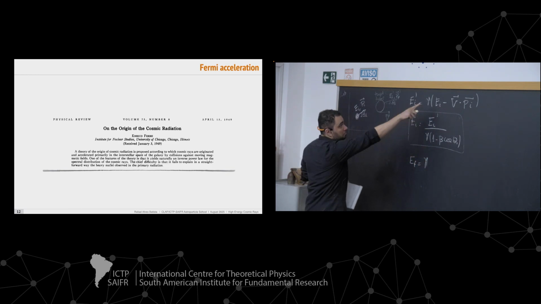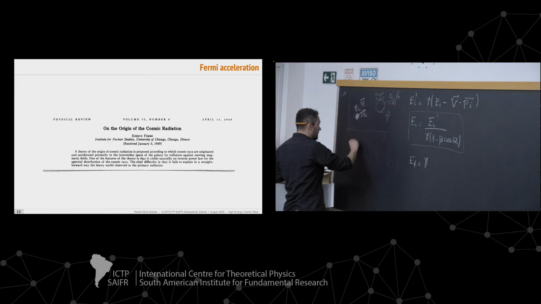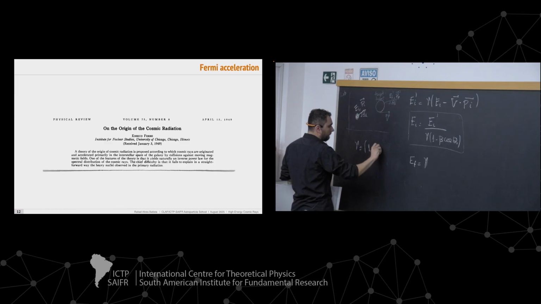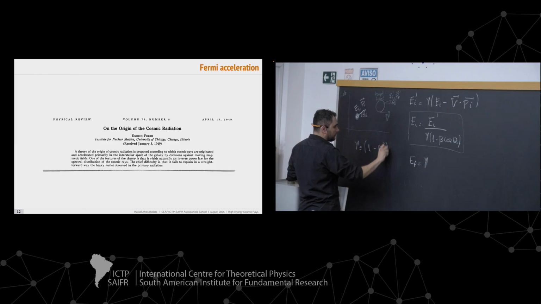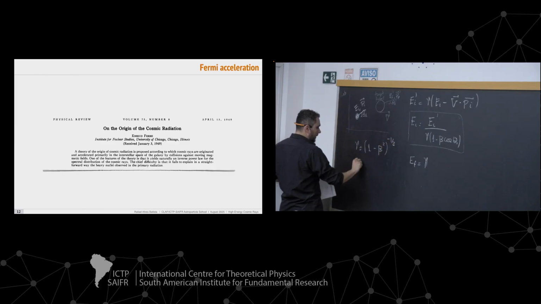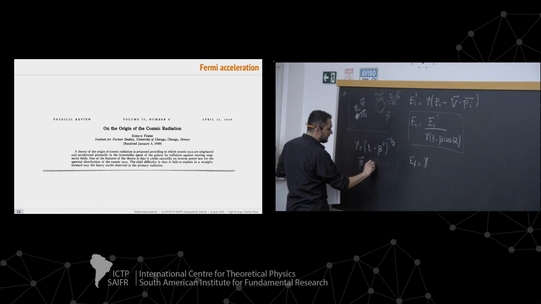For those of you who might be wondering, this gamma is 1 minus beta squared to the minus 1/2, and beta is defined as this velocity divided by the speed of light.